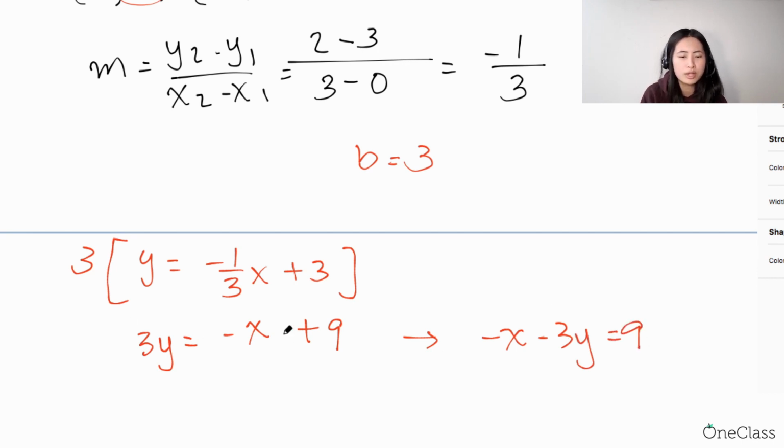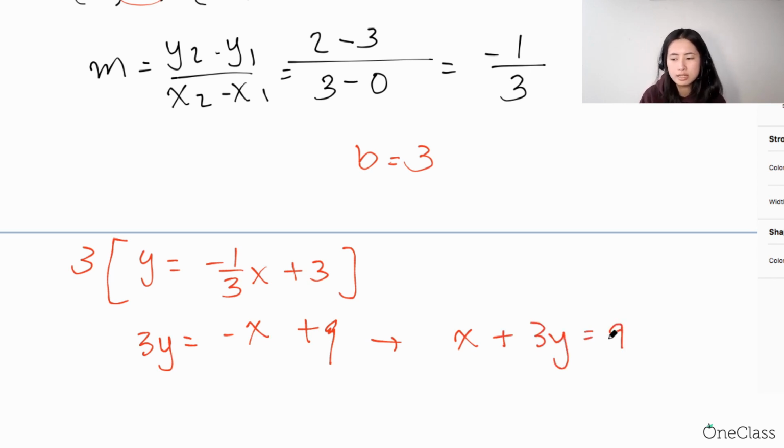It's pretty much 3y equal to negative x plus 9. If you try to move this 3y to the opposite side, it becomes negative 3y. Or maybe we can change this negative x and turn that into a positive x. So if we move this negative x to the opposite side, we get x plus 3y equal to 9, right?